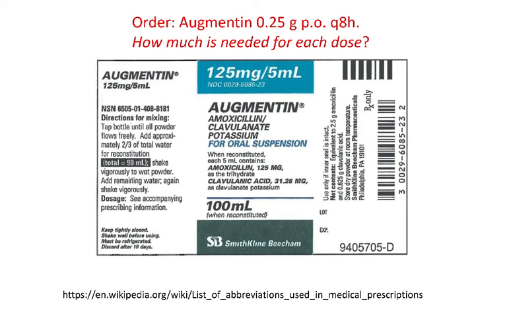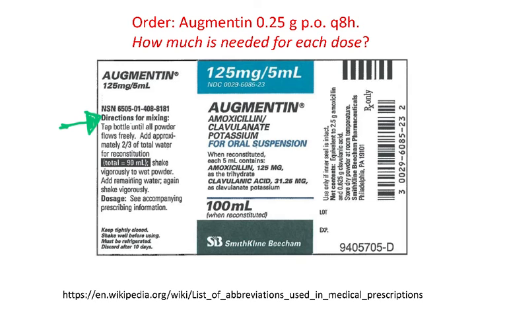What does all that mean, and what should you do? This label is similar to before, right? You can see some directions for mixing. If you want to reconstitute this, adding water to a total volume, it says shake it vigorously, and again add remaining water, shake again.